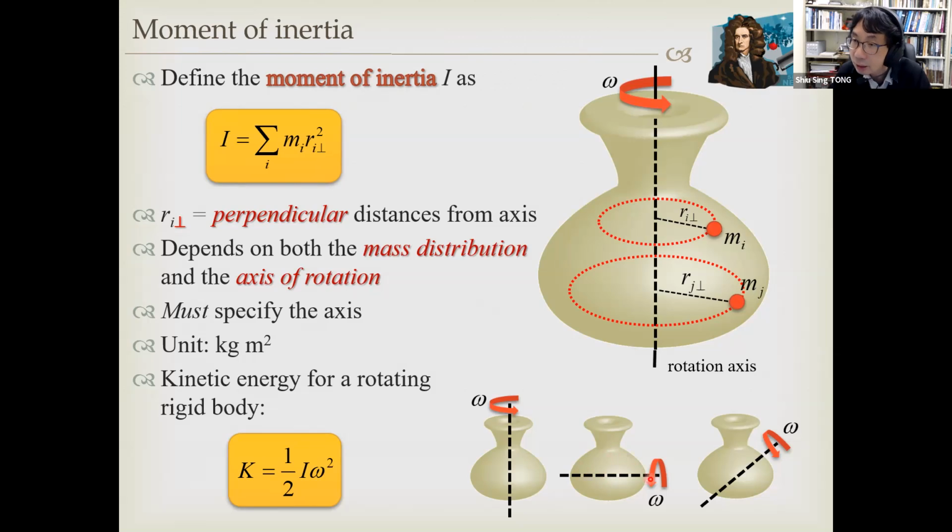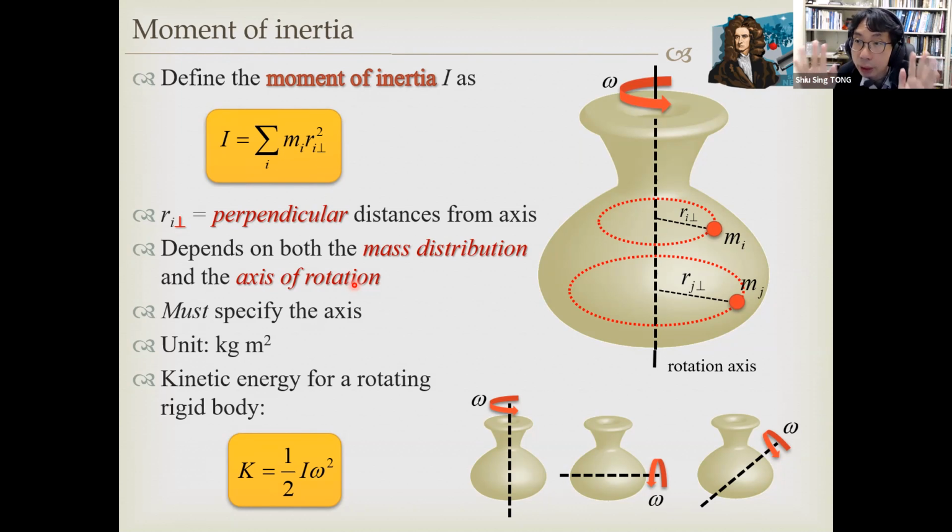So in this case, the particle distances from the axis are totally different from the original case. That's why the moment of inertia also depends on the axis of rotation. In order to well define I, you have to specify the axis that you are referring to. Okay. Without referring to the axis, the moment of inertia is meaningless. It does not carry any meaning.